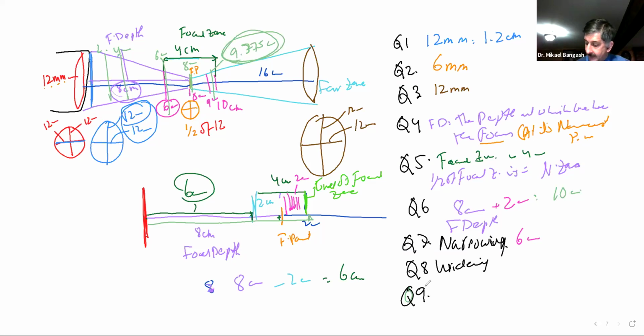Now, which of the following depths is the beam most likely going to have the same diameter as it has at a depth of 11 centimeters?